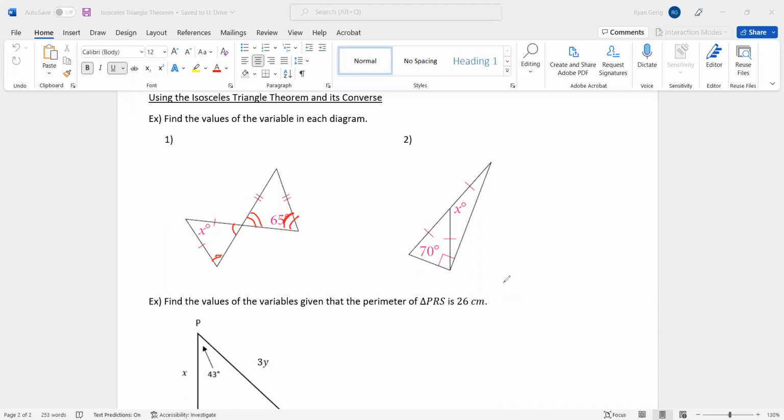However, I do see that these are vertical angles, so they have to be equal as well. So I'm going to go ahead and add in there that those are also congruent. Okay, well, if this one over here is 65, then this one's 65, then this one's 65, and then this one is 65. So those are all 65.